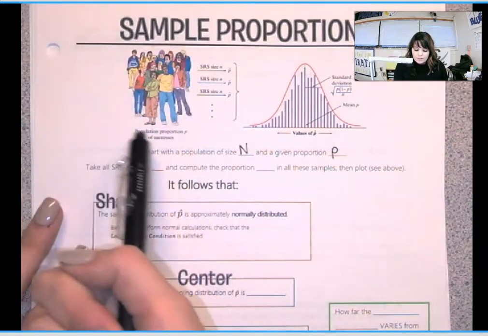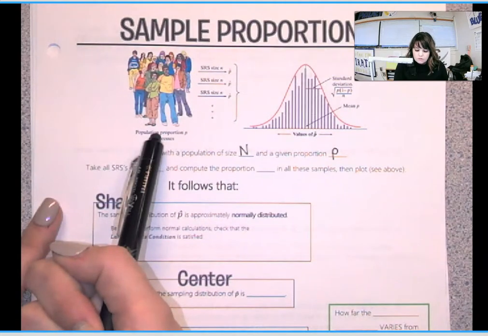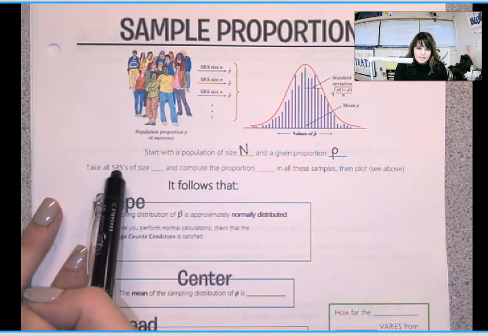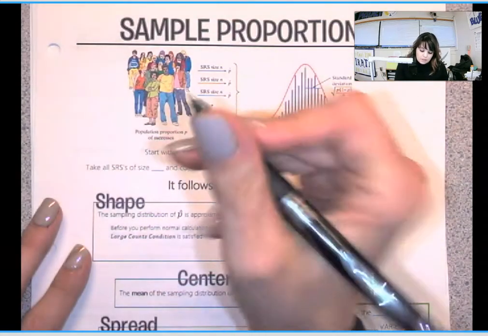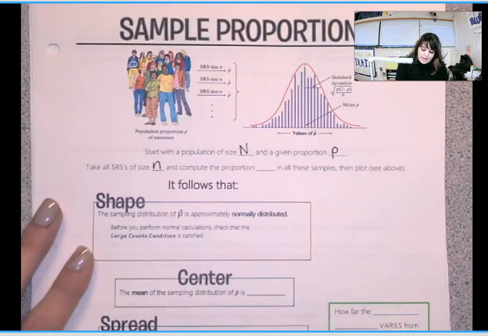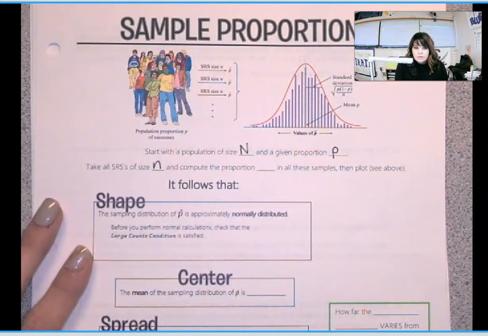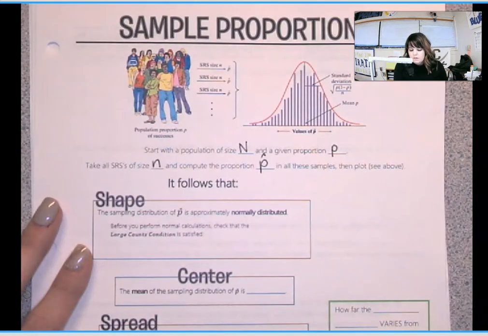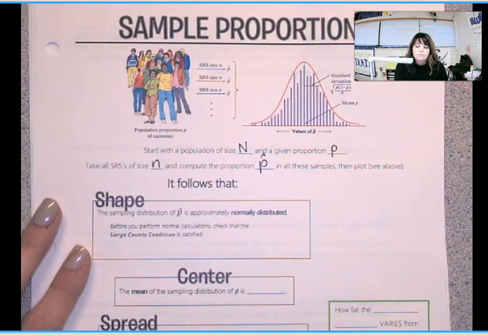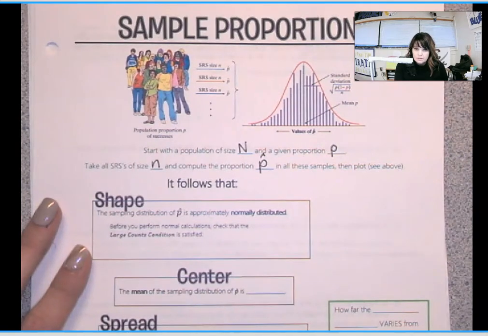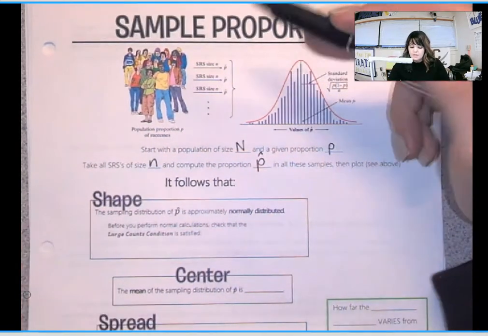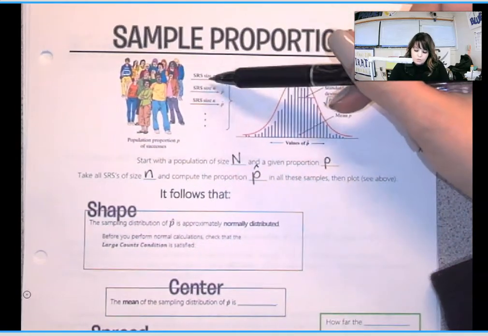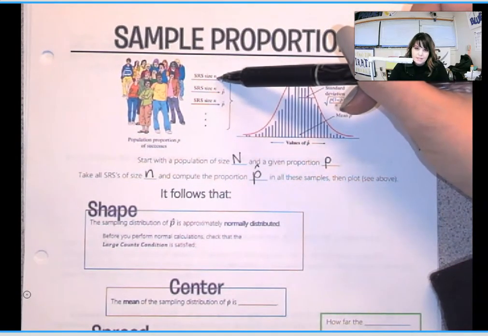Here's your population. We're going to take simple random samples. Remember, SRS stands for simple random samples of size little n. And we're going to calculate the proportion in each sample. Then we're going to plot it. So these two sentences are following this graphic. Here's your population. You take simple random samples of size n.